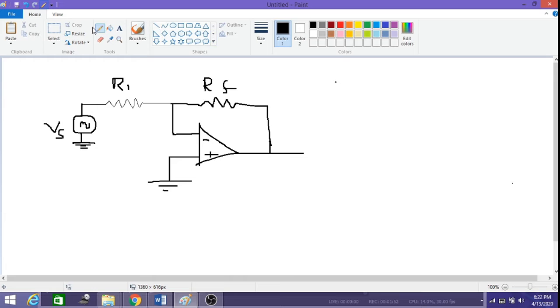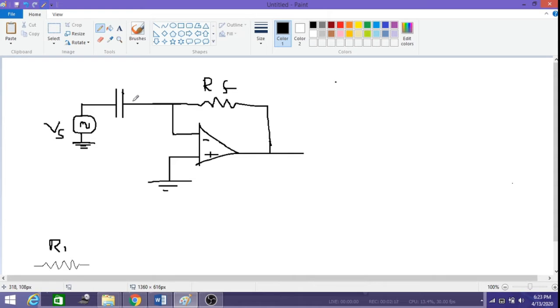In this case, if we remove this resistor R1 and connect a capacitor across this point, this circuit acts as a differentiator circuit. We know the property of the capacitor, that the capacitor blocks the DC and allows the AC component only.